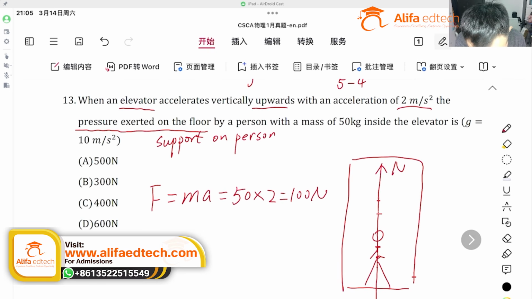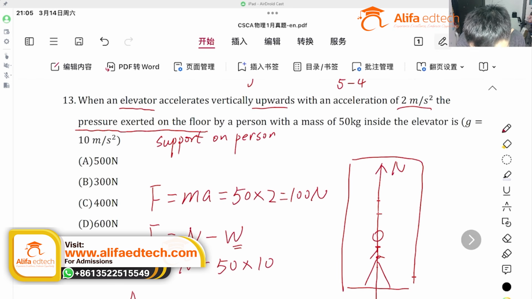As the resultant force F also equals N minus the weight of the person, we can easily know 100 equals N minus the weight of the person, which is 50 multiplied by 10.